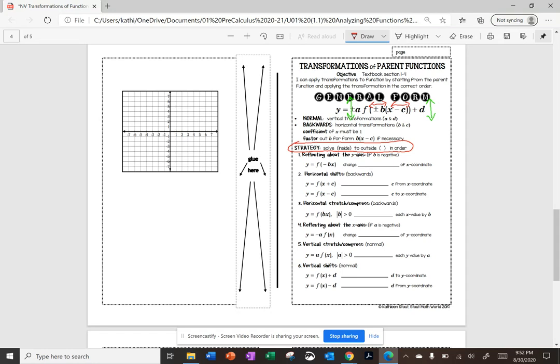Okay, so I'm going to start with if I am reflecting around the y, or reflecting about the y-axis. So this is if b is negative. So I'm starting on the inside here. If b is negative, then I am going to change the sign. So this is a sign change. So I'm not going to do, let me change it to blue here.